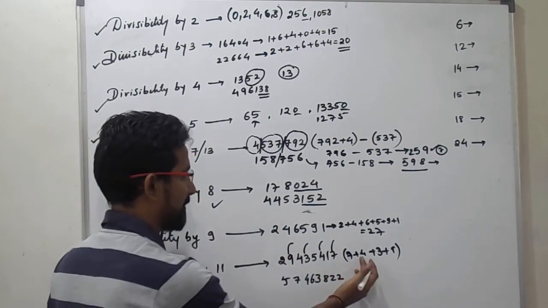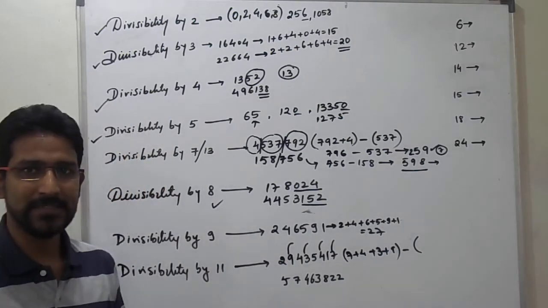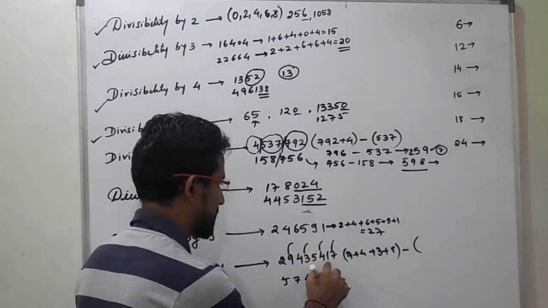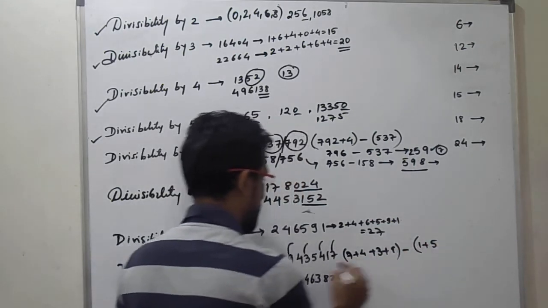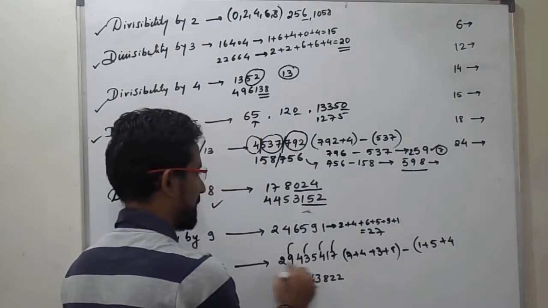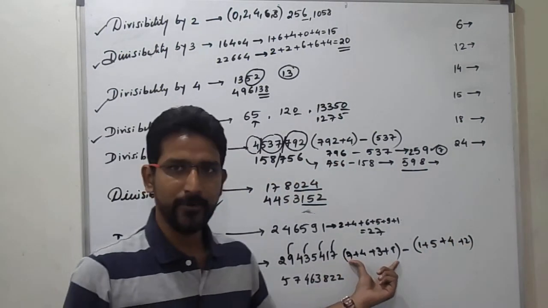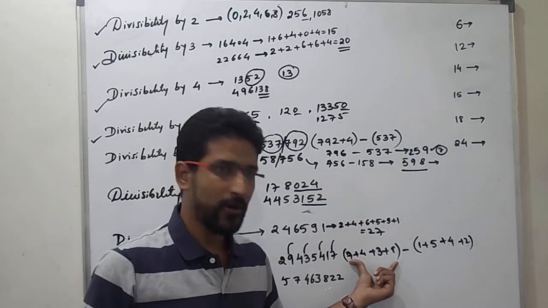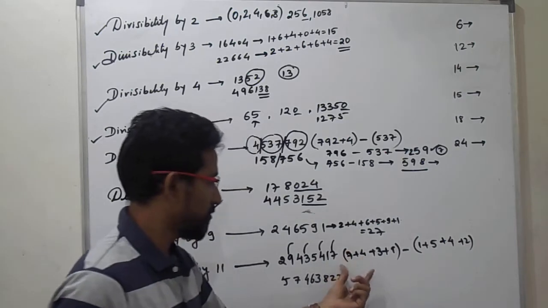So sum of all the digits at the odd places minus sum of all the digits at the even places. So that is 1 plus 5 plus 4 plus 2. So take the sum of all the digits at the odd places and the sum of digits at the even places, and subtract them.